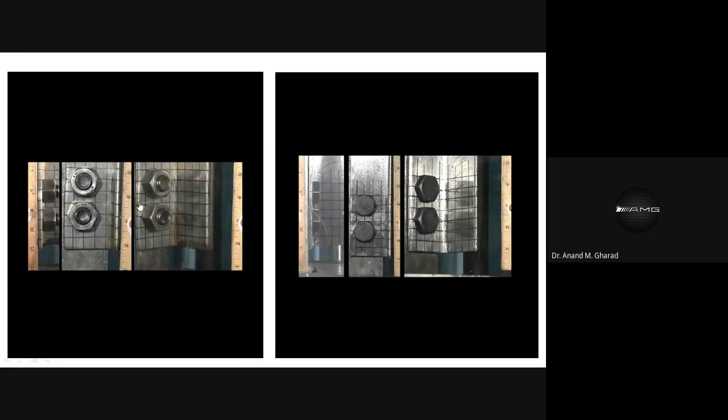So you can see for failure 1 type, the load is getting applied. You can see there are actually three figures. Okay, this is the same experiment, but the views are different. ये जो है ये side view है, this is plan, and this is three-dimensional view of the same experimental setup.